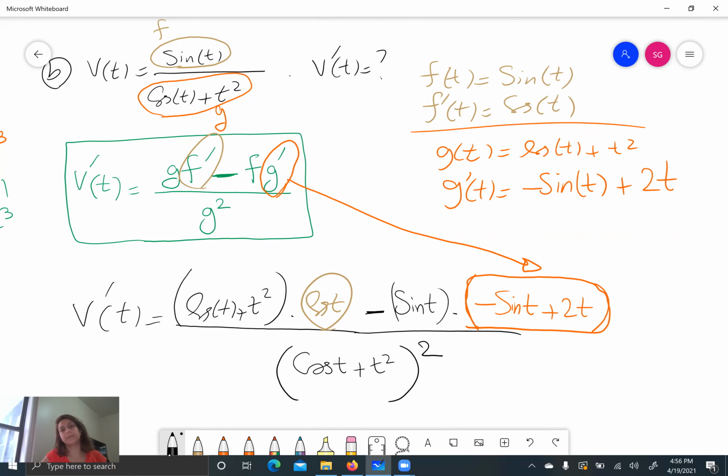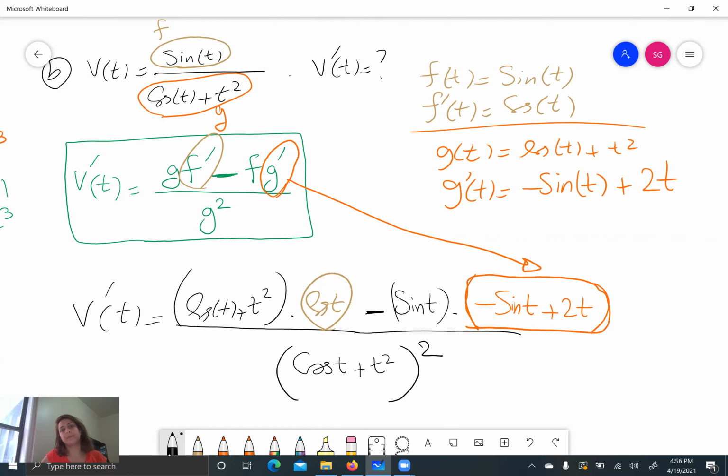The first thing I observe is the format of this function: it is the division, the quotient of two functions. I think it would be easier if I name them.